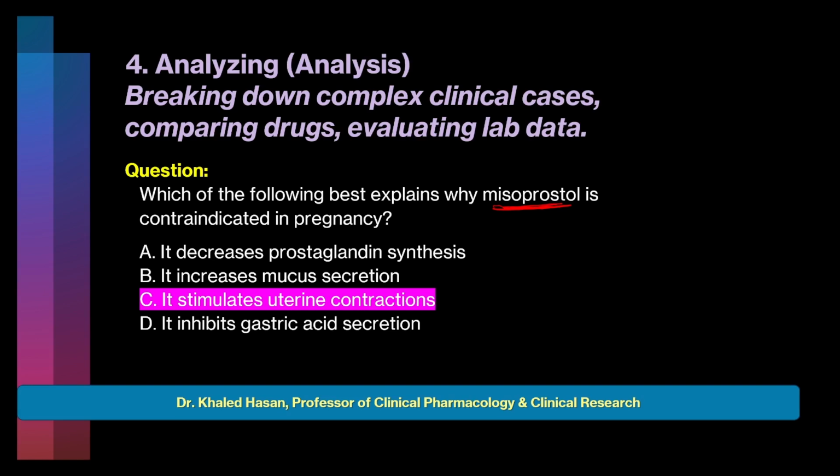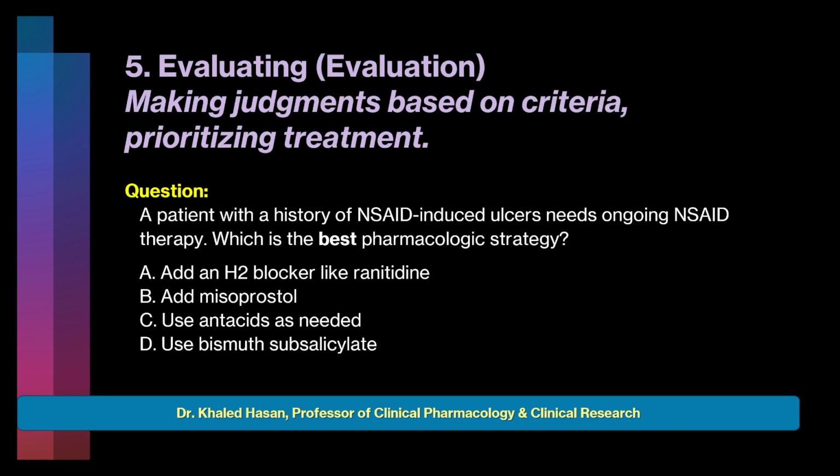Okay, level number 5, evaluation or evaluating: making judgments based on criteria and prioritizing treatment. The question here: a patient with a history of NSAID-induced ulcer needs ongoing NSAID therapy. The patient is already on an NSAID, but this patient has a history of ulcer.